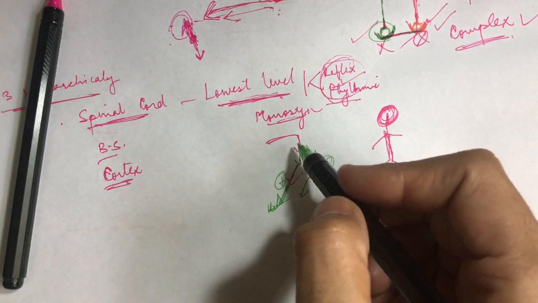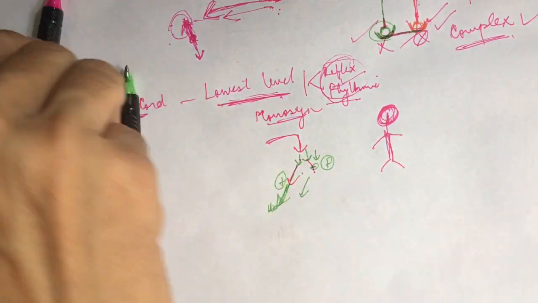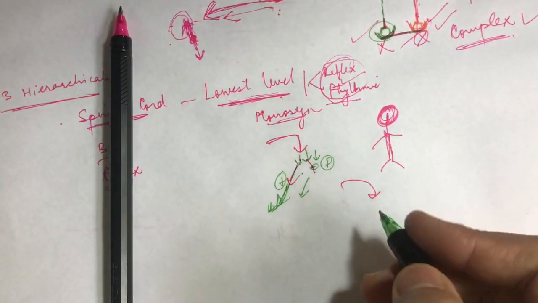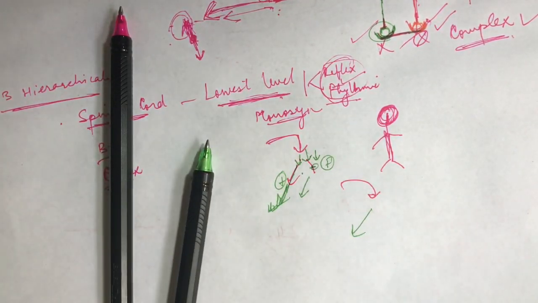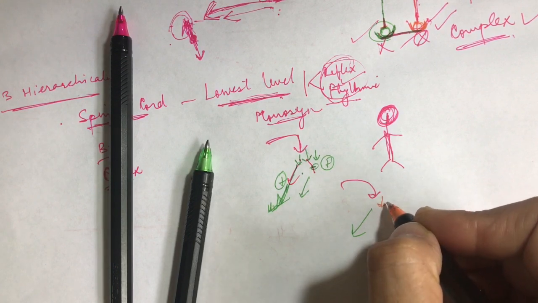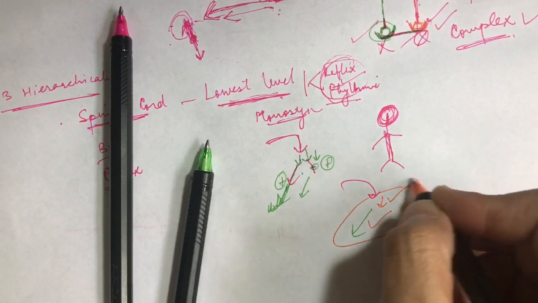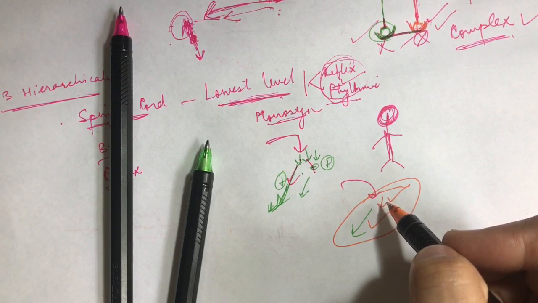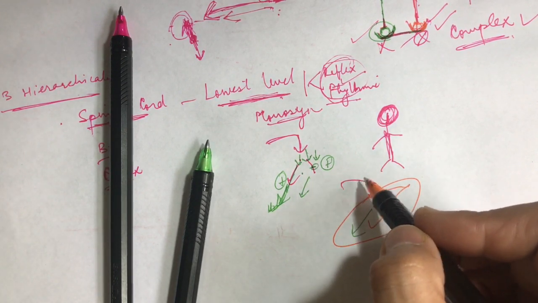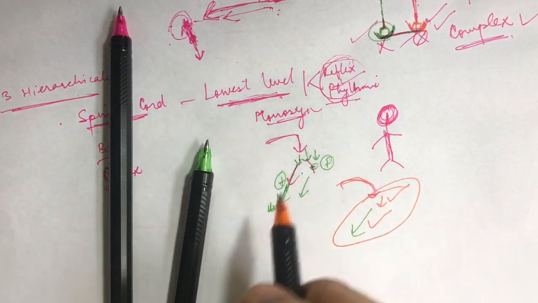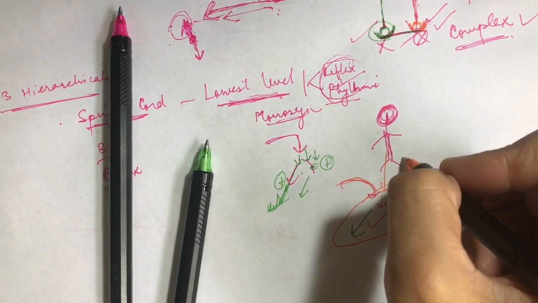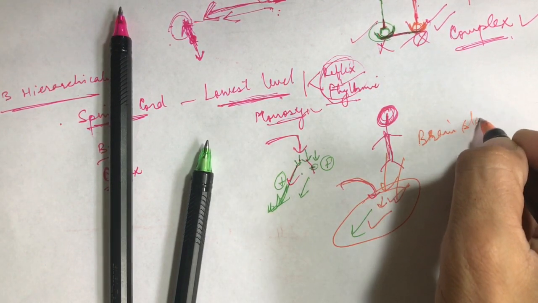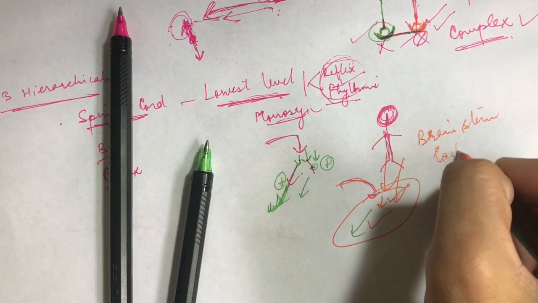Now this is the sensory neuron, this is the motor neuron, and this is the interneuron. The interneuron and motor neuron have input not only from the sensory neuron but also from the higher centers, be it brainstem or be it cortex, right?